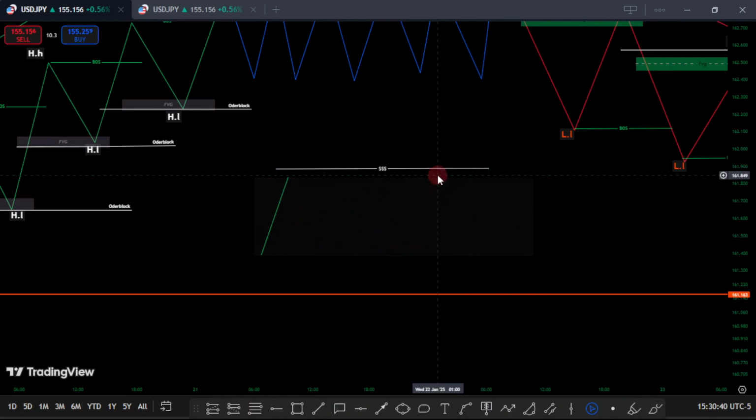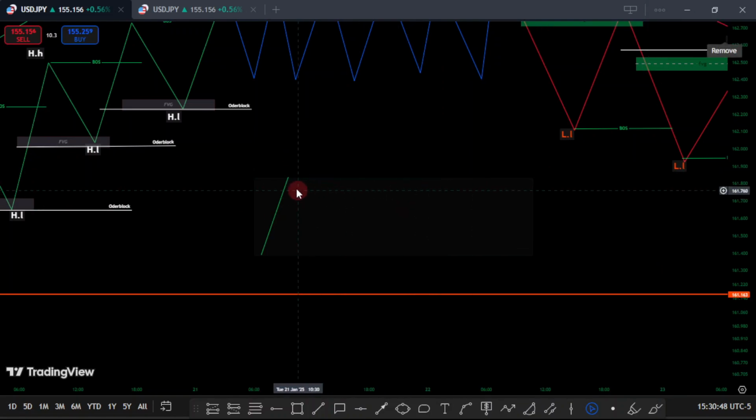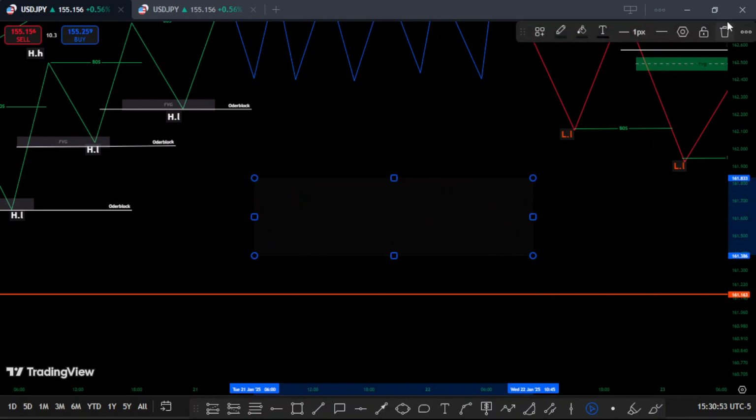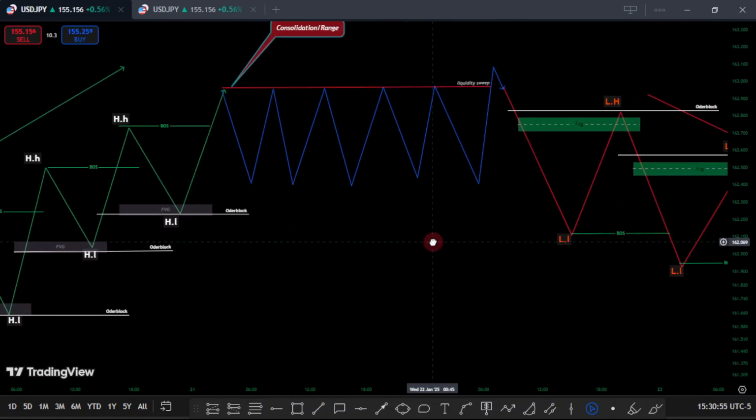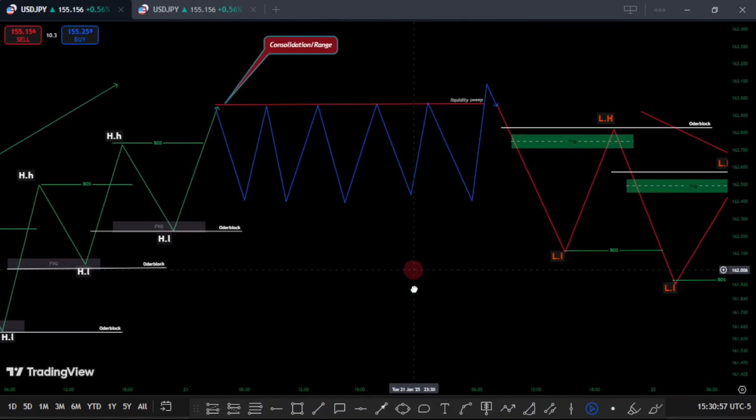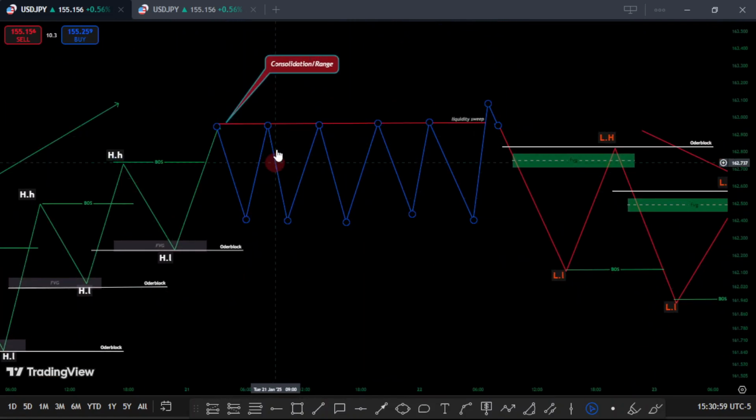Market makers hunt liquidity before a major move in the market. So basically just know that one. Whenever you're taking any trade, consider first of all price taking out liquidity before the main move happens in the market, like I indicated over here. So this is basically what happens.